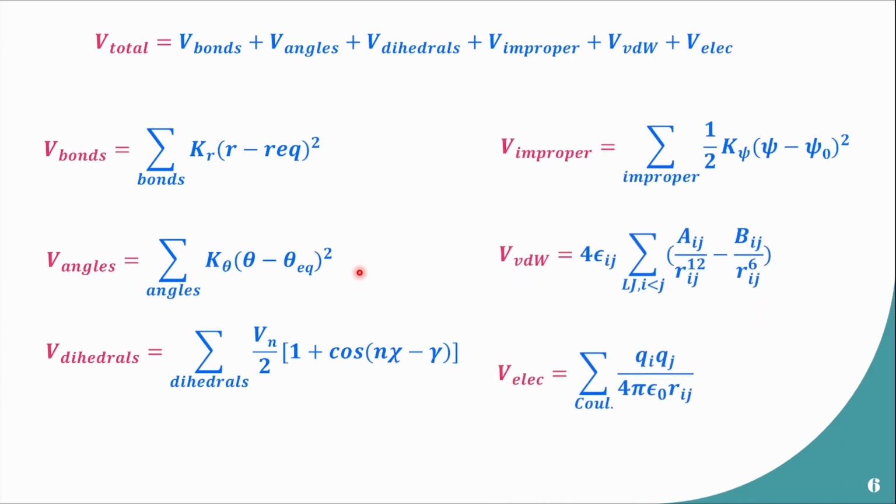So in the force field terms, we quickly glossed over the different potential terms, for example, potential for bonds, angles, dihedrals, as well as improper, van der Waals, electrostatics, and so on. These bonded and non-bonded potential terms come together to form the ultimate potential equation for the force field based calculations, right?